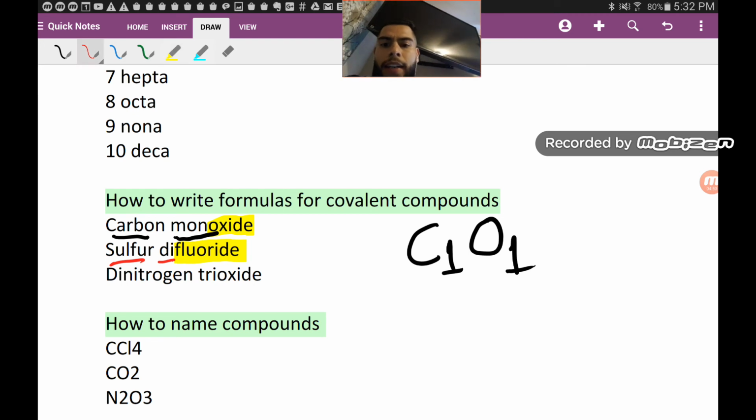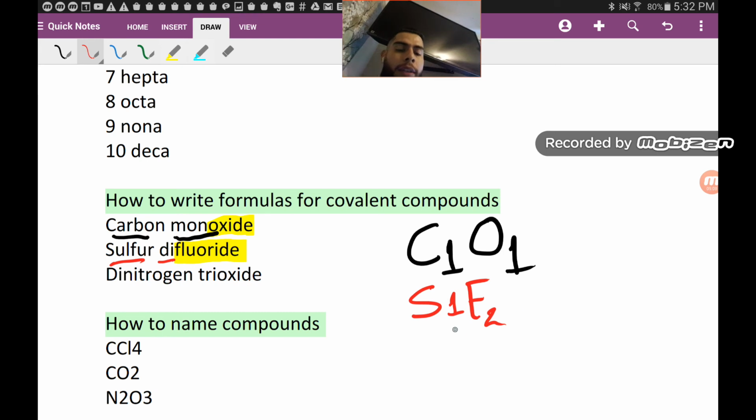So the formula for this compound will be one sulfur, and then difluoride is fluorine. We have 2 fluorines. Okay, so the formula will be S1F2. And this is an F, it's not an E, it kind of looks like an E. You write it.